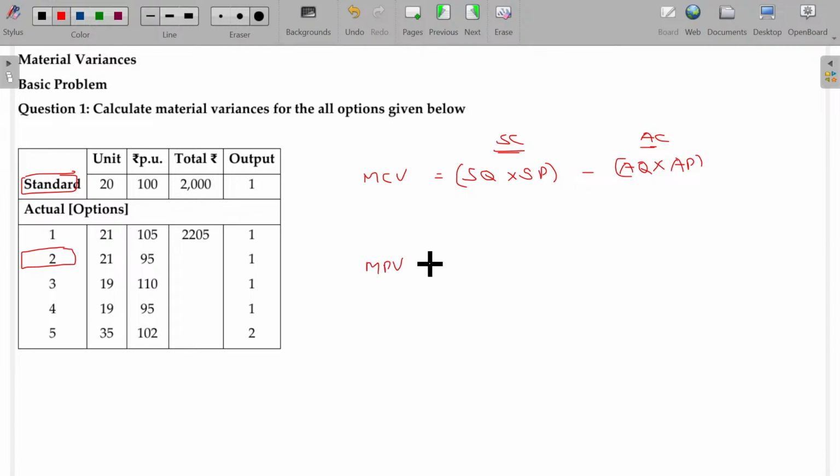Material price variance is nothing but the variance between the standard price and actual price, so standard price minus actual price. This price will have the impact to the extent of actual quantity, and material quantity variance relates to the consumption of raw material, so standard quantity minus actual quantity multiplied with standard price is taken.